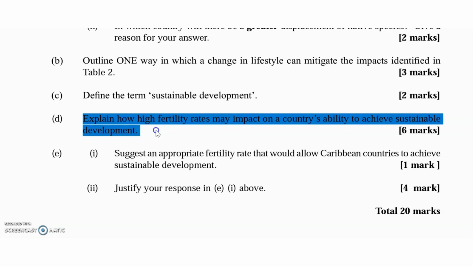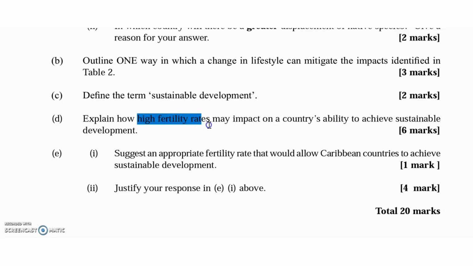Now, high fertility rates can often contribute to high birth rates, meaning that the amount of dependence would in fact increase for that particular country. That would mean there would be a greater demand for resources, which would in fact require increases in the manufacturing processes and also industrial processes, and the acquisition of resources would be in great demand, as I indicated earlier.